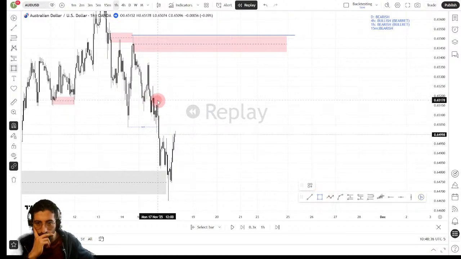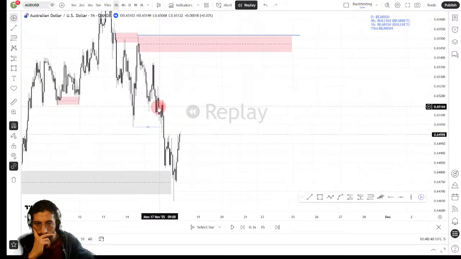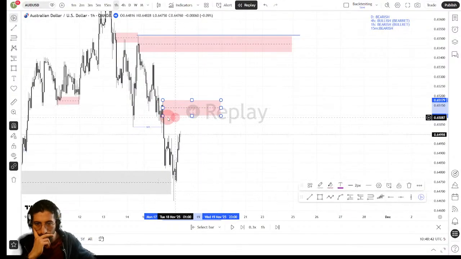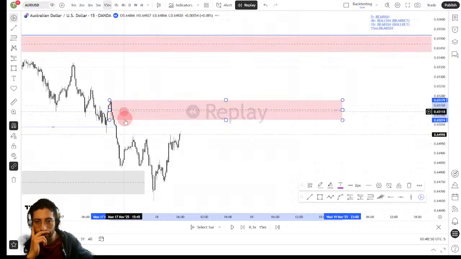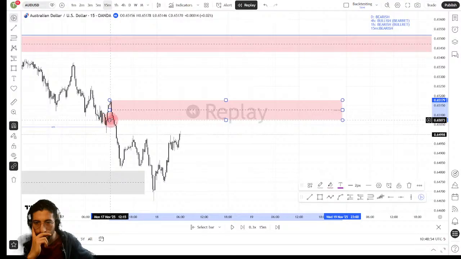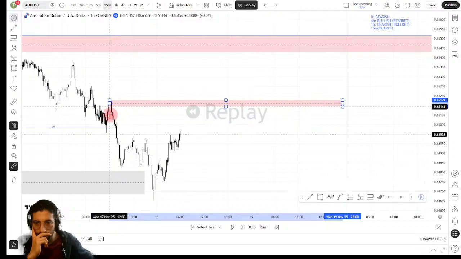Then we have the 1-hour order block, which is this one, in which we would need a confirmation in 5 minutes, or in 15 minutes. If we refine this order block, we would find the next right here.